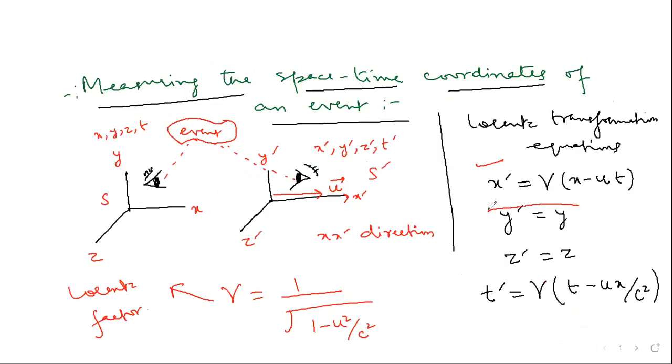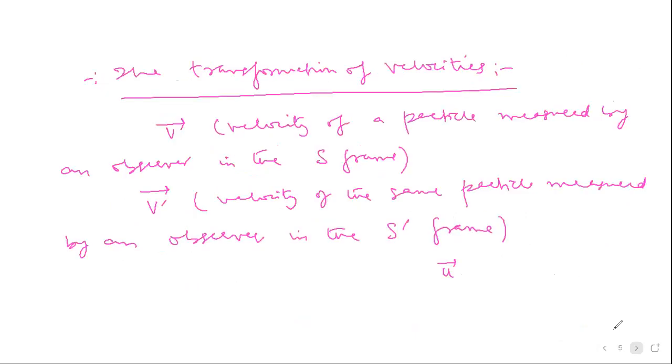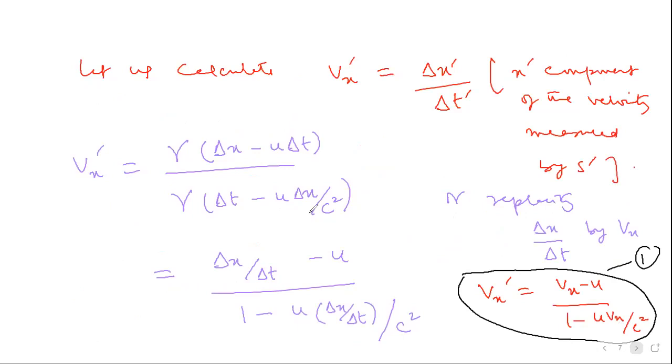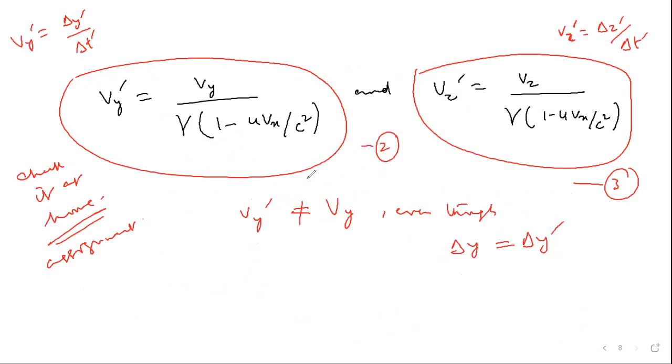So y prime is y, delta y prime will be delta y. Same goes for the coordinate z. But still, Vy prime is not equal to Vy. The reason is delta t is not equal to delta t prime.